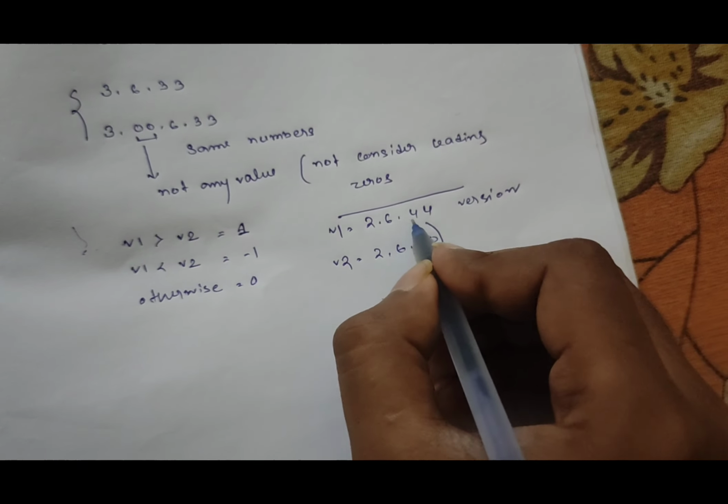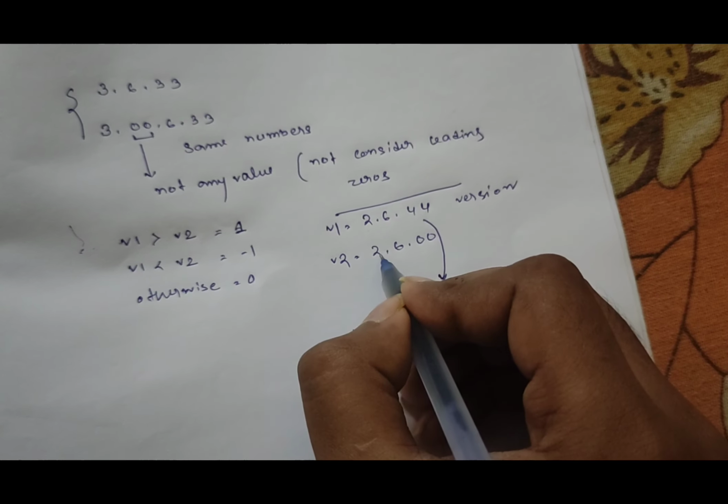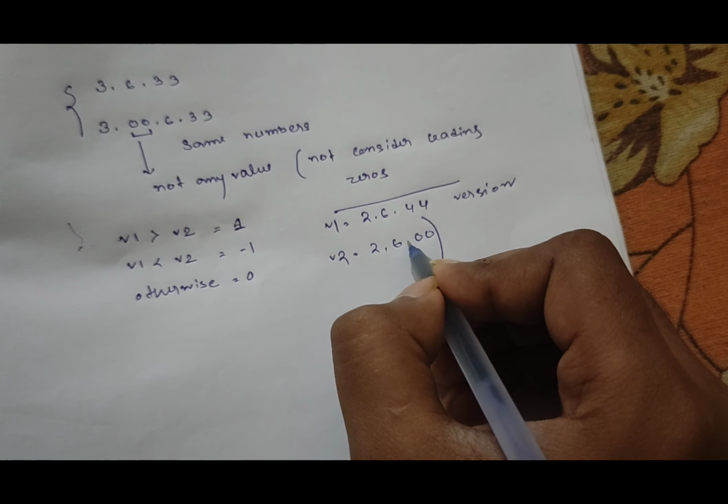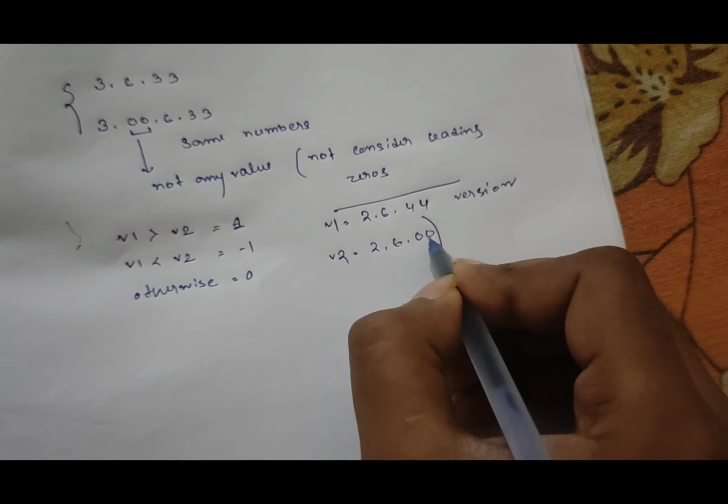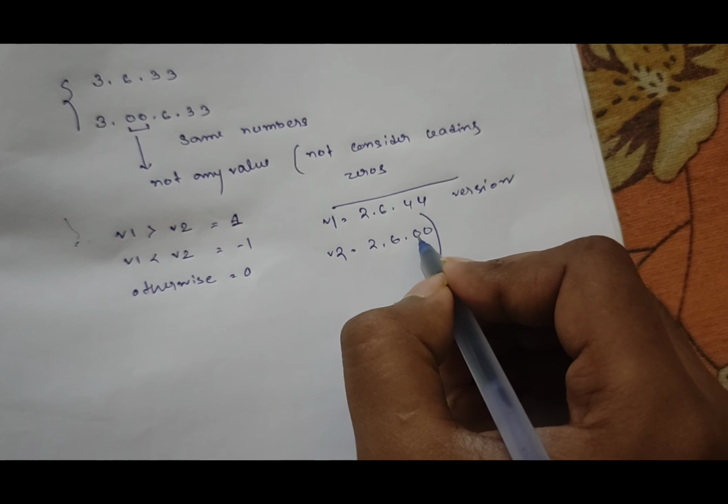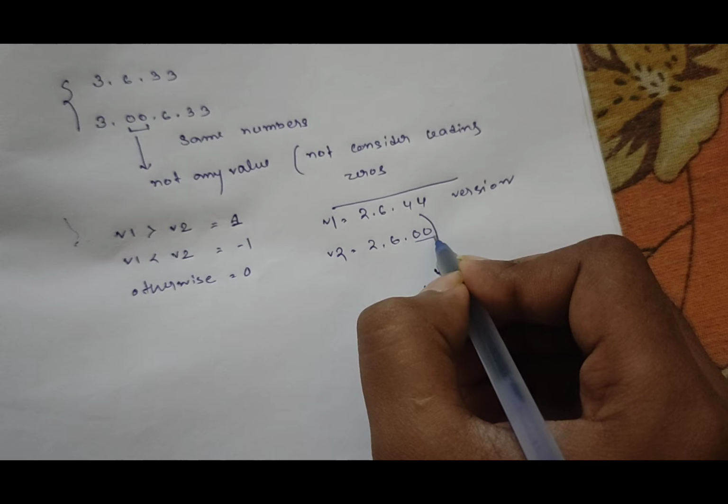If 2.6.44 is there and in version 2, 2.6 is there, and after the dot there are no numbers given, then we consider it 0.